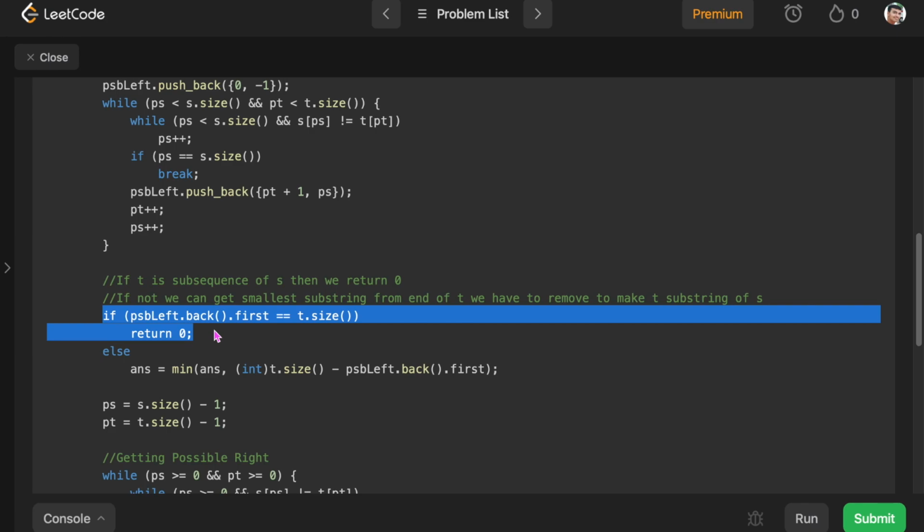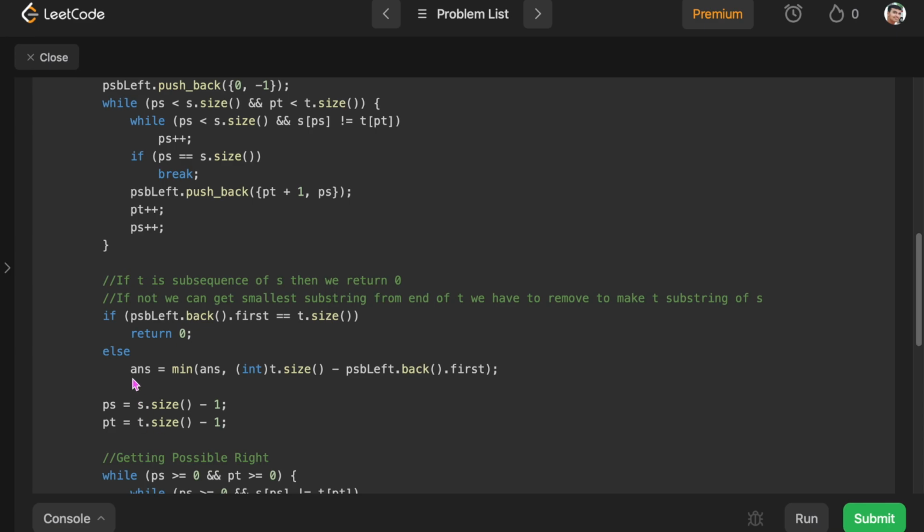Else, we make our answer equal to the minimum of t.size() minus psb.back().first. So basically psb.back().first is the largest left which we can get. What does this represent?